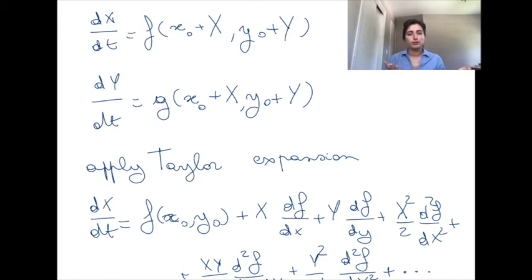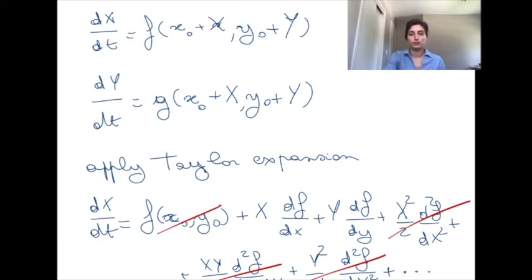But we're saying that x naught, y naught is the equilibrium, so we know that f computed at x naught, y naught is equal to 0. We are also saying that capital X and capital Y are very small. So we are expecting the square terms to be pretty much uninfluential if you're close enough to the equilibrium point.